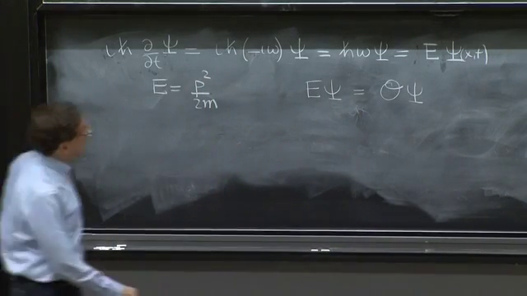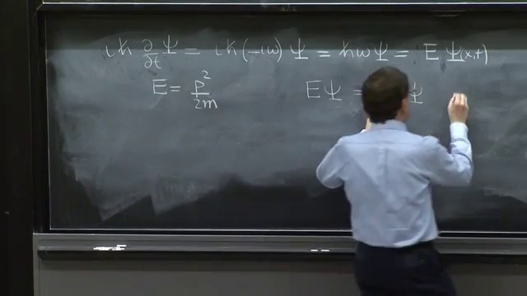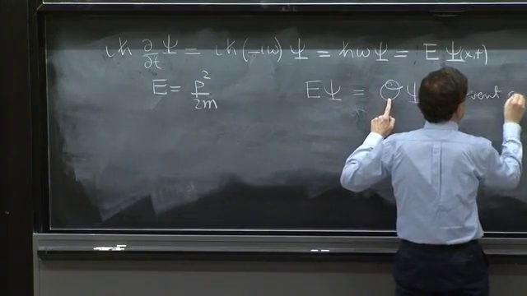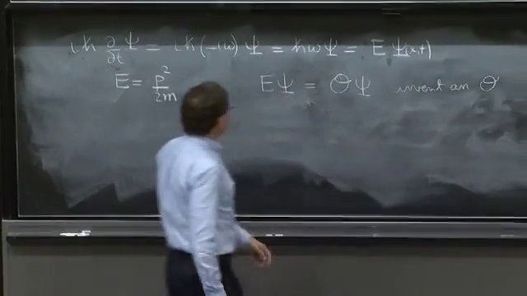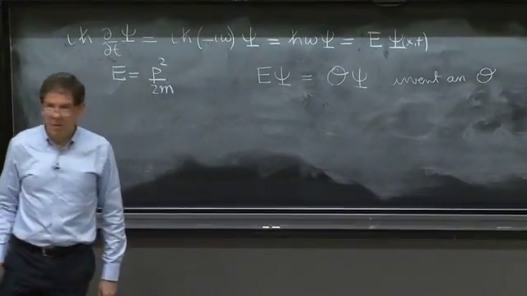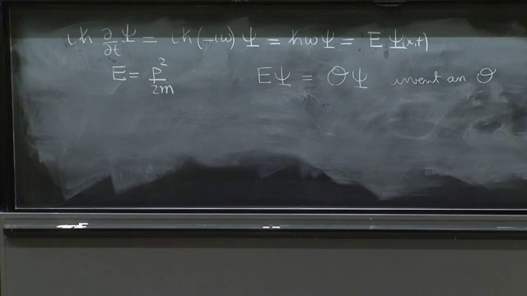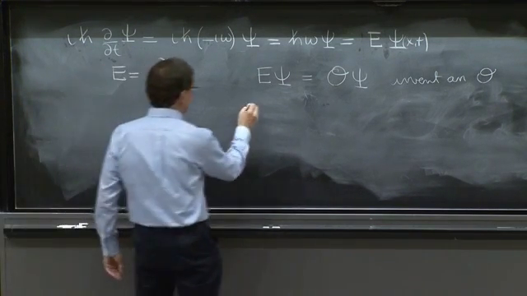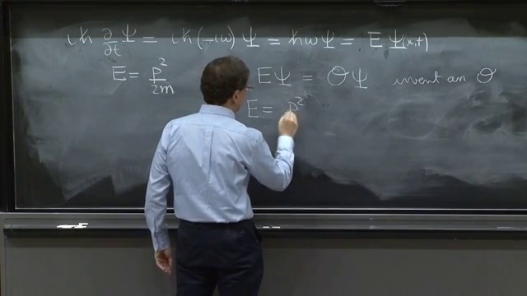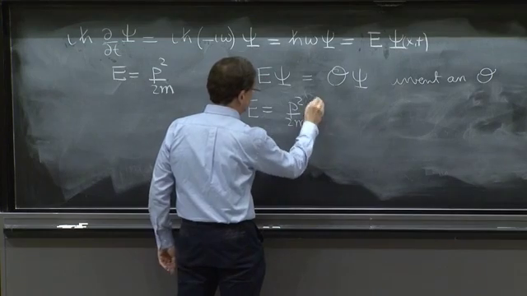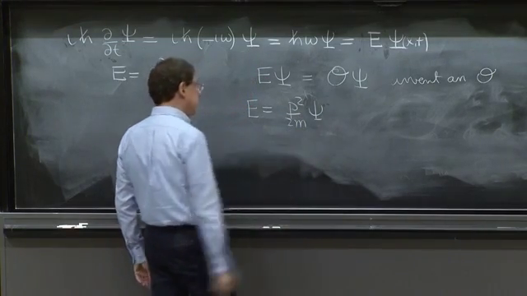So I'm going to invent an O. How do we do that? Well, E psi is equal to p squared over 2m times psi. It's a number times psi.